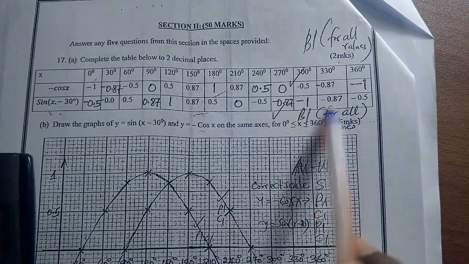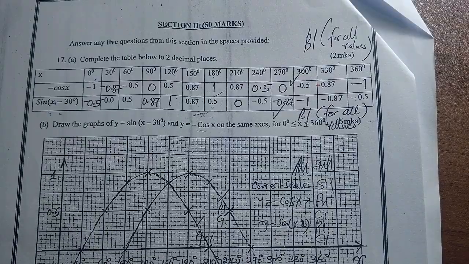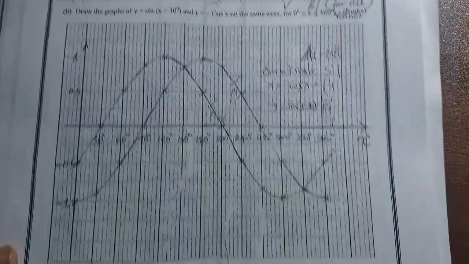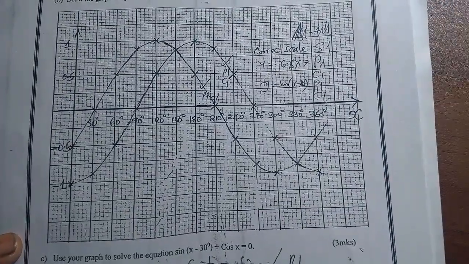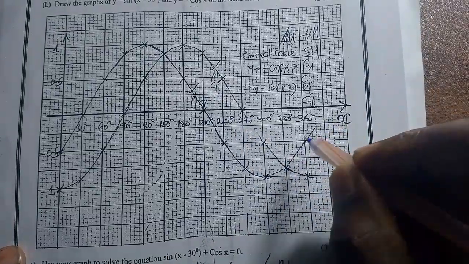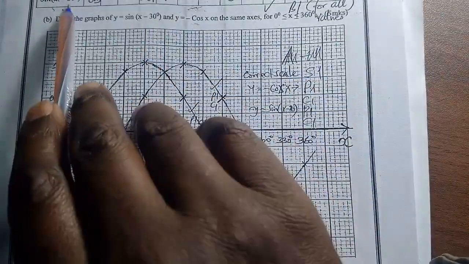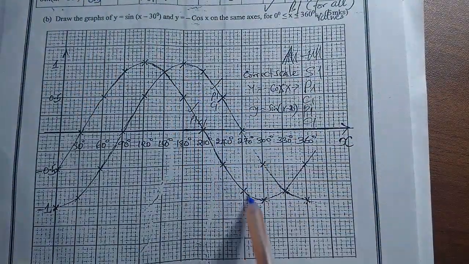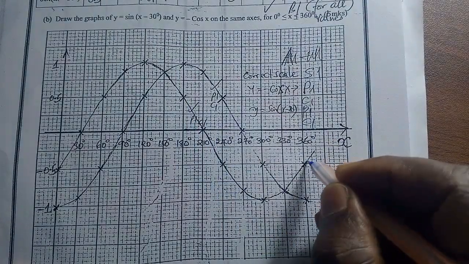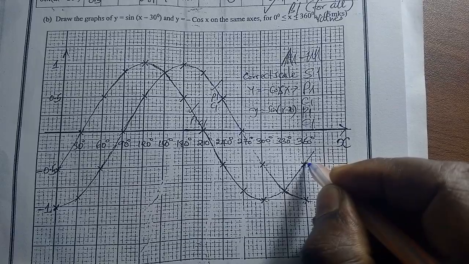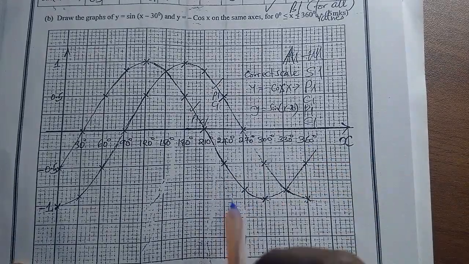Why would you miss these 2 marks? After that, plot your graph. Remember to write it. If this is the graph for sine, for example, remember to write that this graph is for sine what. That is what we call labeling.